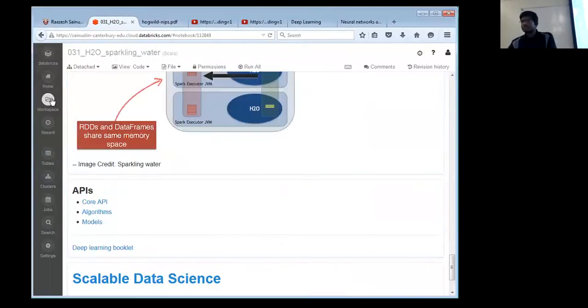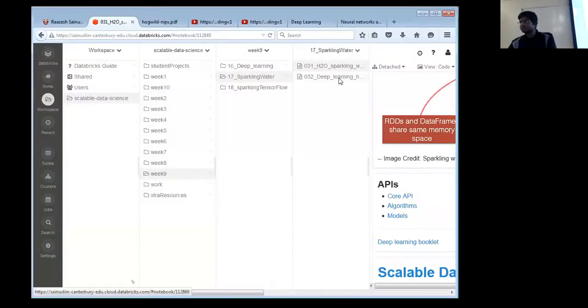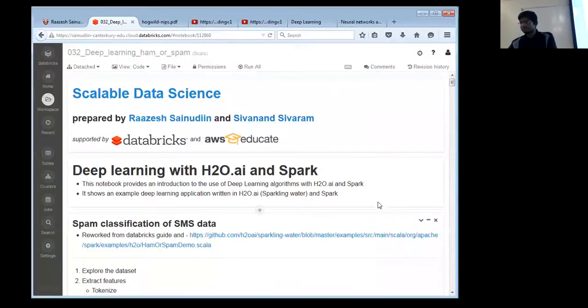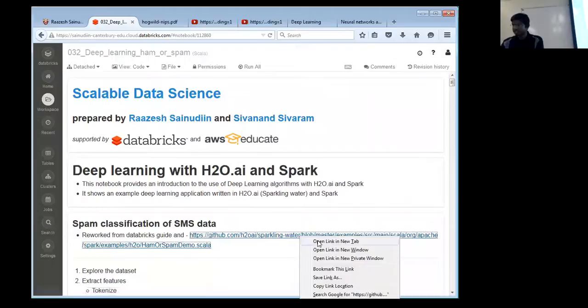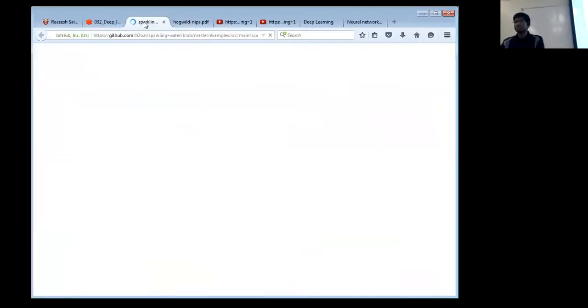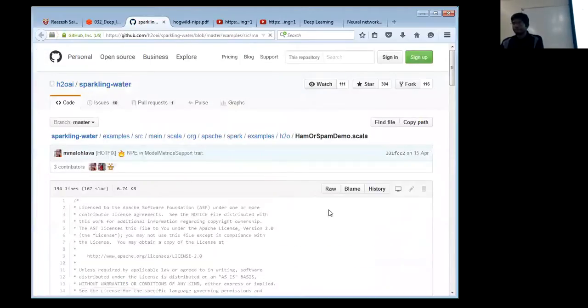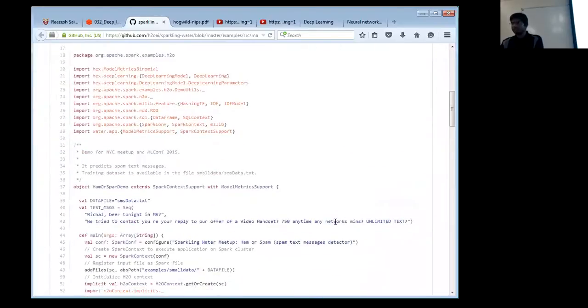Right, so let's go to an example. This example is reworked from an example published in H2O Sparkling Water. It's on GitHub.